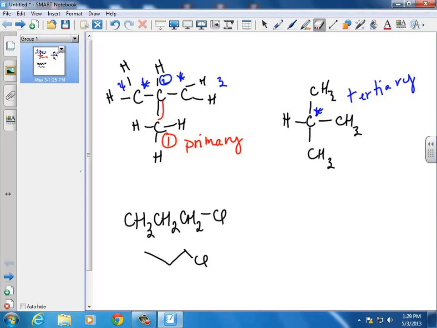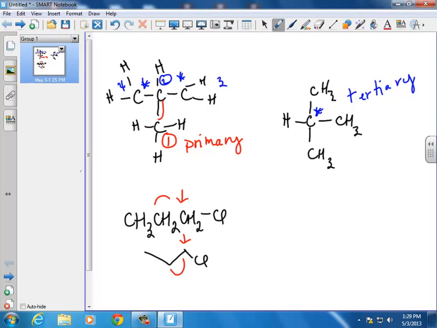Okay, so if I was to ask you to label each of those chlorine atoms, these 2 compounds, label each of those as either primary, secondary, or tertiary, what would you label them as? Hopefully you recognize that these would be labeled as primary because they are attached to one carbon here that's attached to only one other carbon. Same thing here, attached to one carbon here, it's attached to one other carbon.